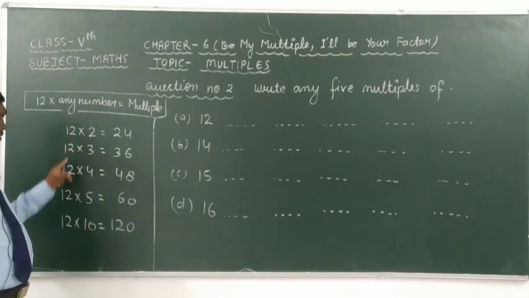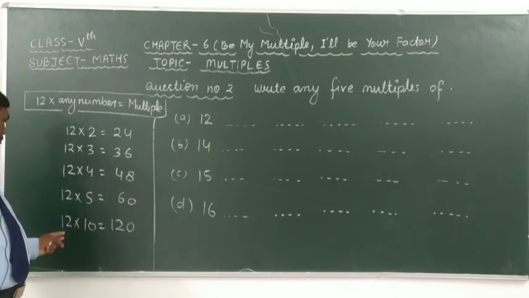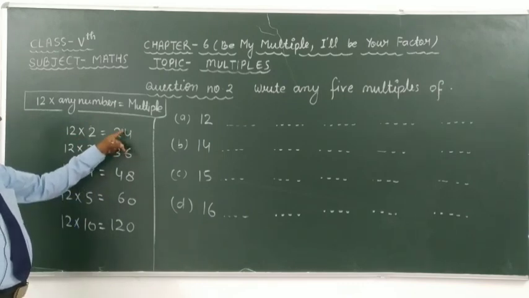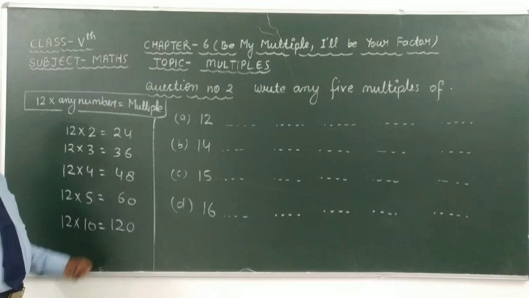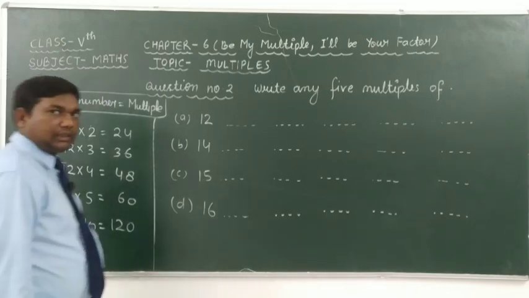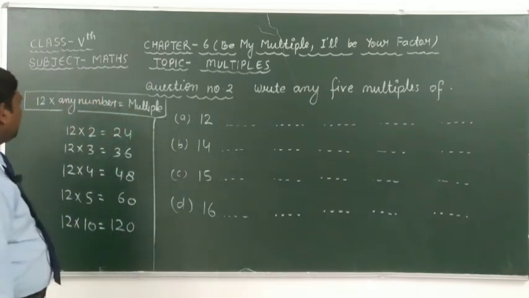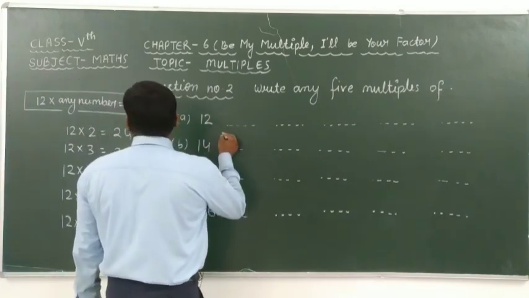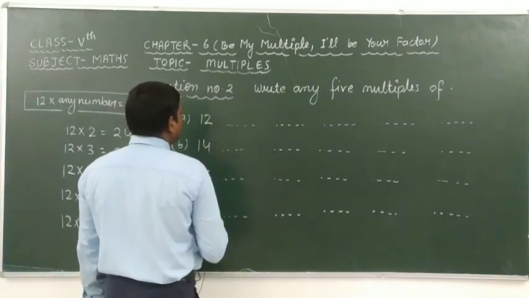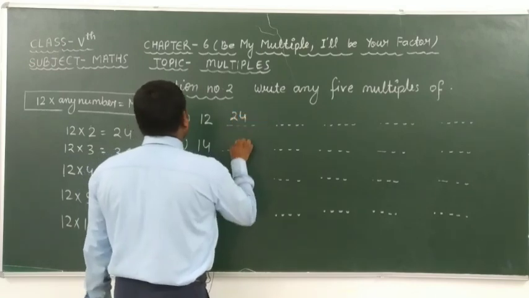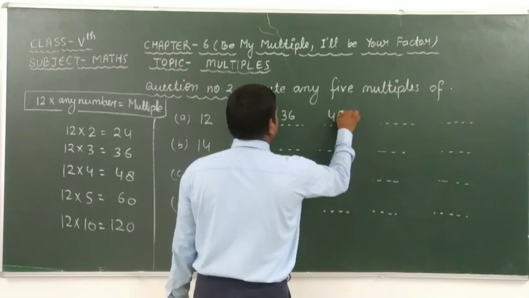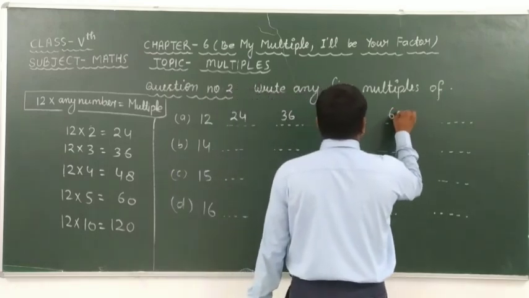if we take the multiplication of the given number and any other number, then we get its multiple. Clear? Understand? Okay, look at here carefully. 12 1s are 12, 12 2s are 24, 12 3s are 36, 12 4s are 48, 12 5s are 60.